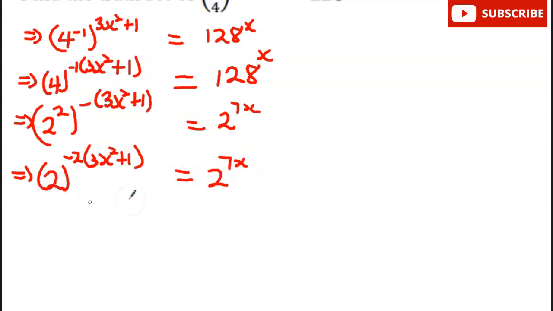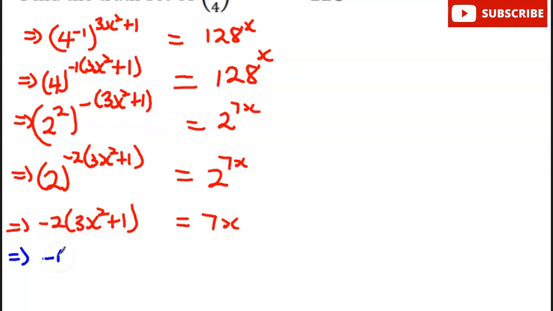Now that the bases are the same, we can equate the exponent. So this implies that minus 2 times 3x squared plus 1 is equal to 7x. So let's expand. Minus 2 times 3x squared is minus 6x squared, and minus 2 times 1 is minus 2, which is equal to 7x.